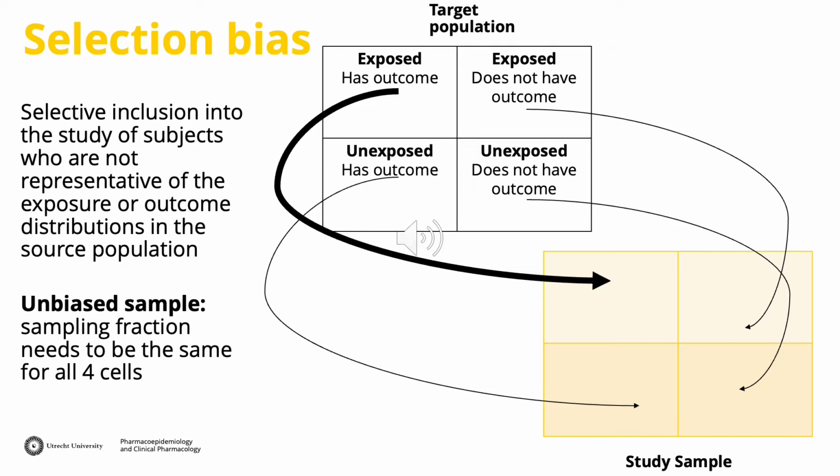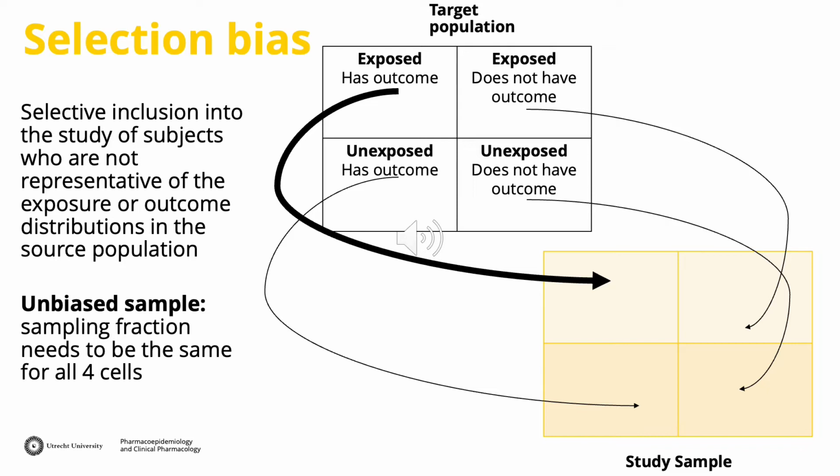In the context of an observational study, selection bias is defined as selective inclusion into the study of subjects who are not representative of the exposure or outcome distributions in the source population. This is just a fancy way of saying that the sample of patients that we include into our study are not representative of the exposure and the outcome distributions in the main target population that we're trying to make inferences about.